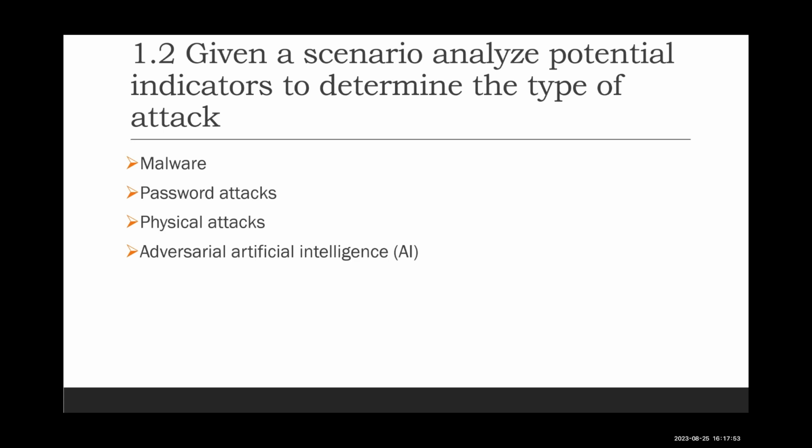So what's happening now with adversarial artificial intelligence is people are mimicking the voices of individuals that are known to their desired targets.